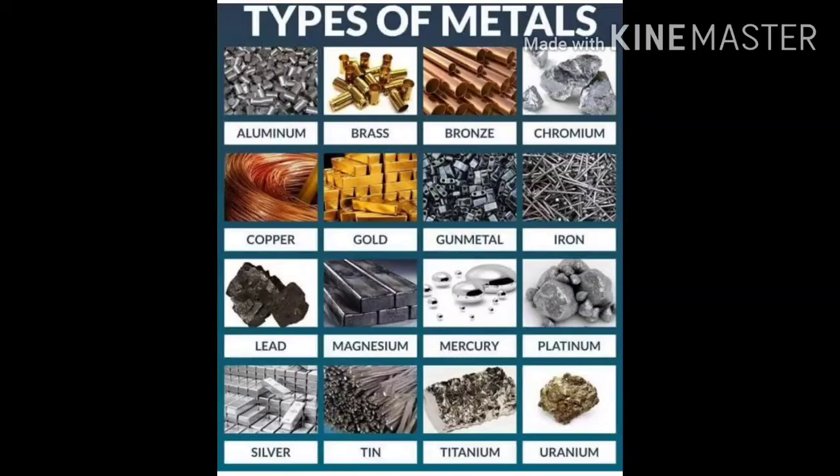The different examples of metals are aluminium, brass, bronze, chromium, copper, gold, gunmetal, iron, lead, magnesium, mercury, platinum, silver, tin, titanium, uranium as shown in the pictures.